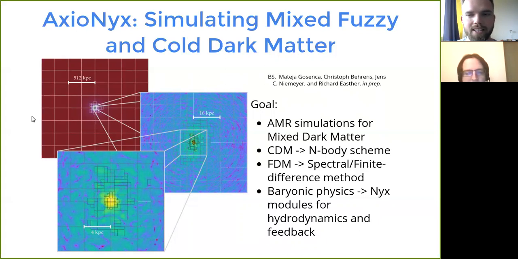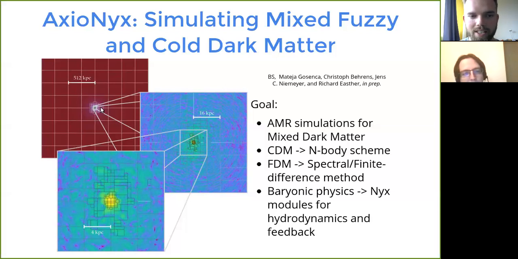And here on the right-hand side, you see a typical result of one of our simulations where we quantified spherical collapse all the way into the nonlinear regime. And here we really see the strength of this adaptive mesh refinement, because here on the upper left, you see our entire simulation box with this tiny overdensity in the middle.